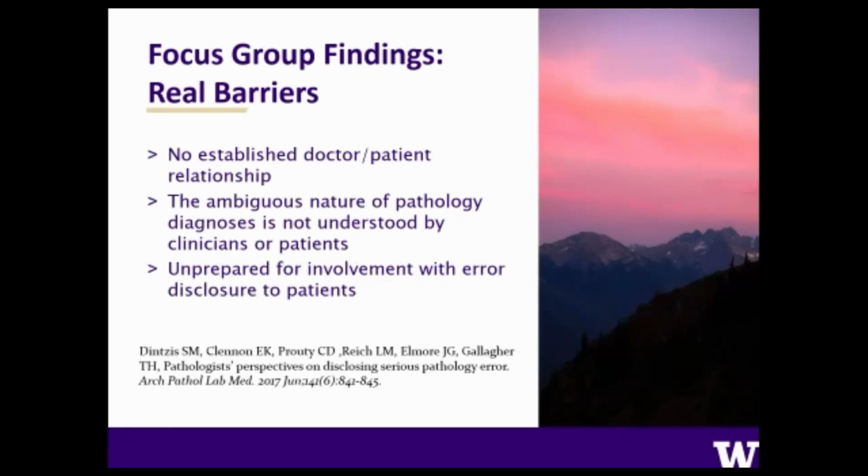So all of this vagueness in pathology reports is partly because a lot of what we do isn't black and white, right? It's not like it's cancer or not. There's a lot of in between. And patients and clinicians, even our treating clinicians, don't understand this. And also, basically, pathologists and laboratorians are unprepared to be involved with conversations with patients.